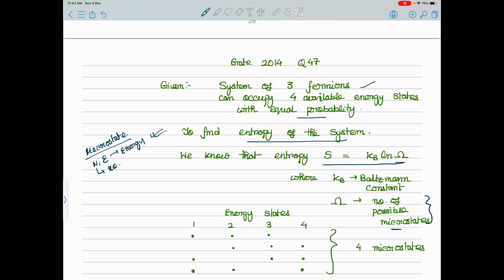So specification of actual parameters like n, the number of particles, or E, the energy, define the macrostate of the system.